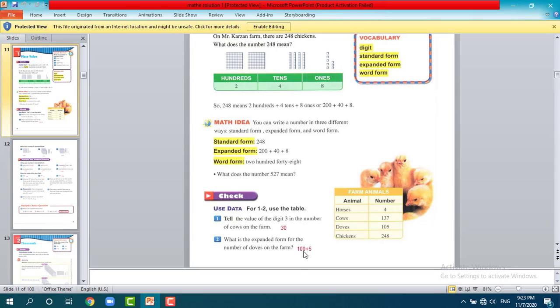After 100 we write the plus because it's expanded form. After the plus we write the tens, but we have 0 in tens, then we don't write any tens. Now in ones we have 5, then we write 5 alone because it's ones.